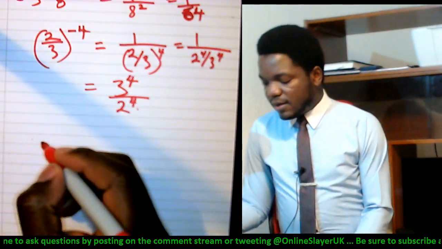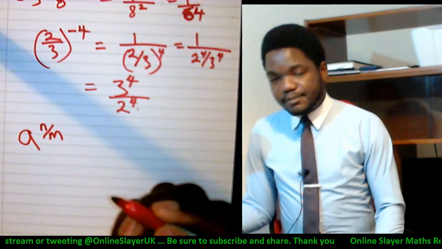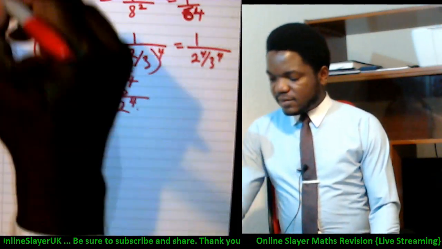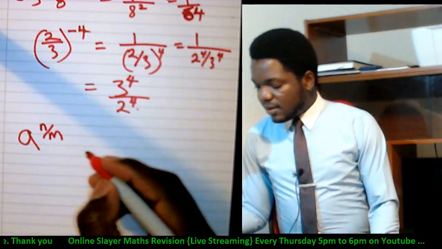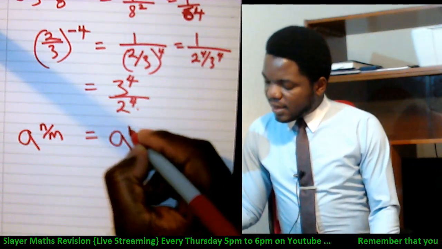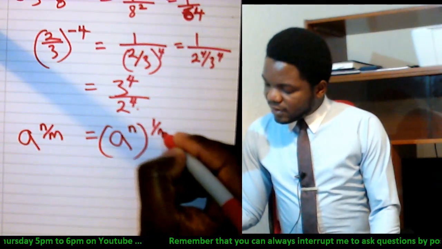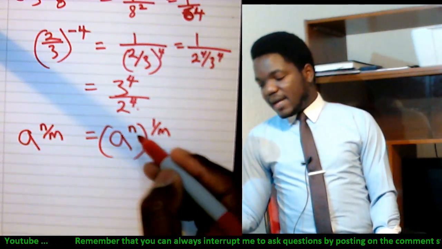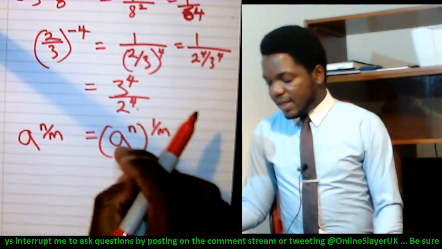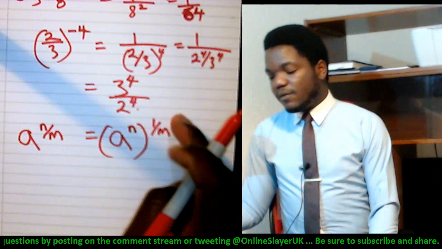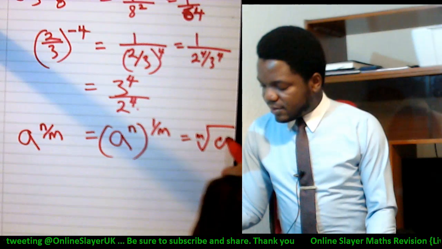Also, what if you've got something like this, a to the power n over m? I think this is case 5, this was case 4, right? A to the power n over m. What does that mean? That means a to the power n, and then to the power 1 over m, because this is what we know already. It's like n times 1 over m anyway. Now you're going to find the nth power of a, and then you find the mth root of that.